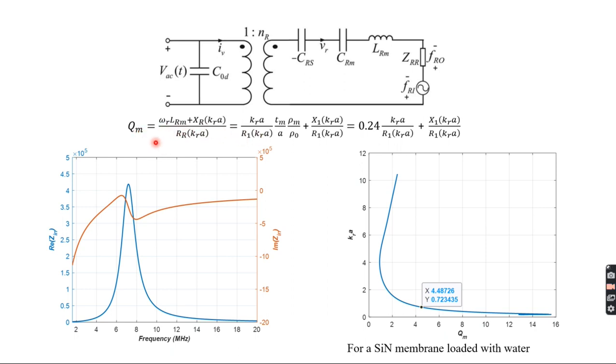For a series RLC circuit, you can find the mechanical quality factor as such. You can see it analytically as a function of the resonance ka, where k is the wave number at resonance and a is the aperture size. If you put in those dimensions and material properties, you find that at 7 megahertz, it's about 4.5.